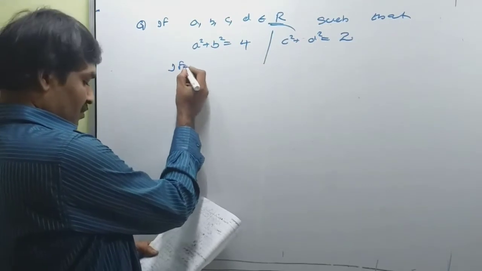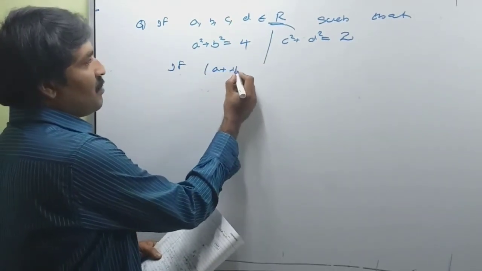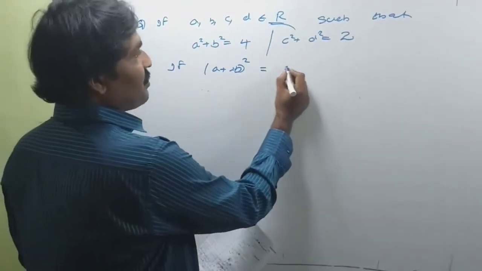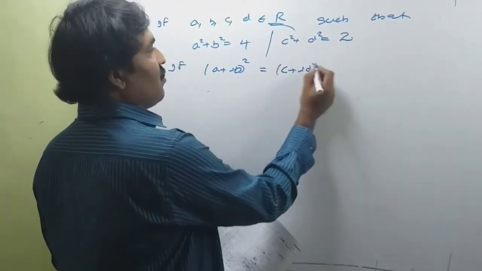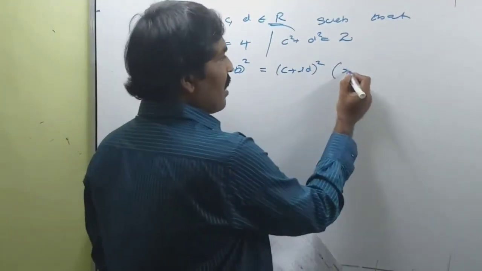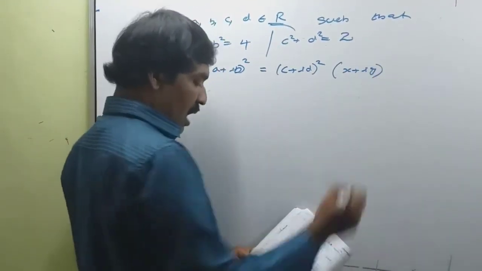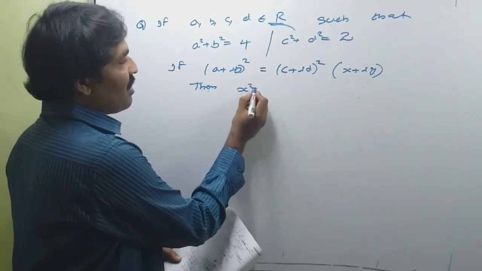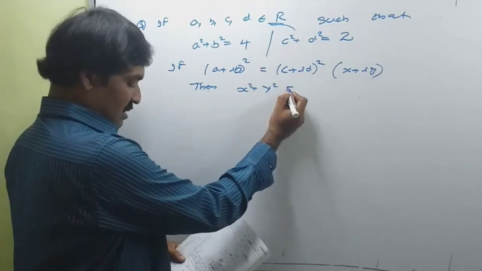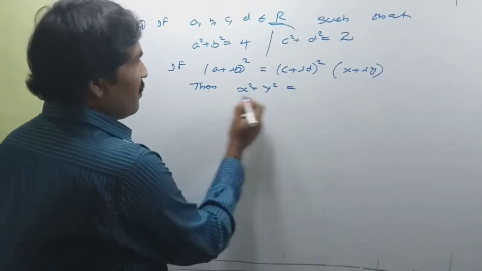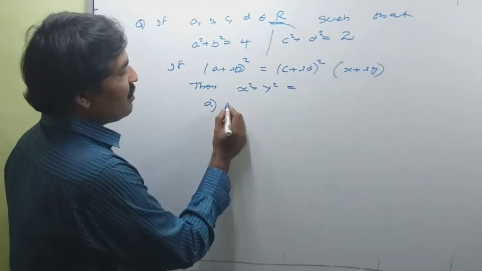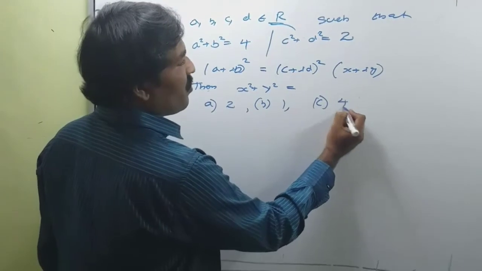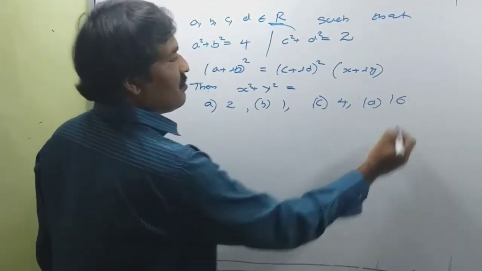If (A plus iB) the whole square is equal to (C plus iD) the whole square into (X plus iY), then X square plus Y square is equal to? The choices given are A: 2, B: 1, C: 4 and D: 16.